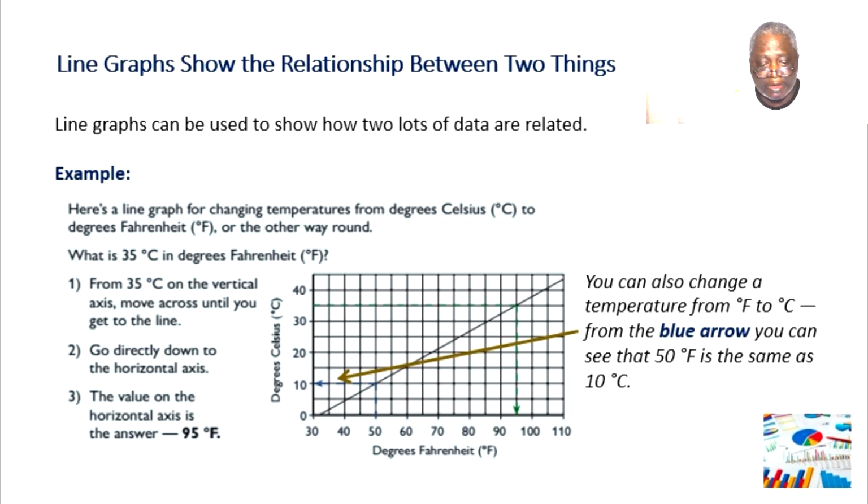The straight line across shows where they meet, and that is the conversion. The value on the horizontal axis is the answer in this case, which is 95 degrees Fahrenheit. So 35 degrees centigrade is equal to 95 degrees Fahrenheit.